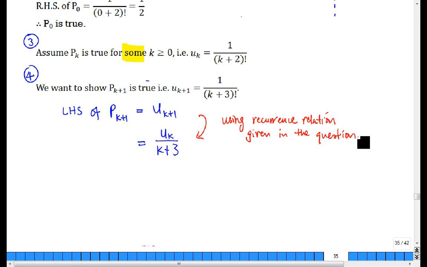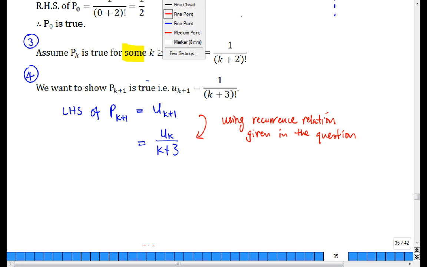So don't think we are so clever yet. Because as with all induction, step number 4, we need to make use of the assumption. We have not made use of the assumption. So there is still one more line to go. We still have to use this assumption here, Uk equals 1 over k plus 2 factorial. Follow so far? So we make use of this now.